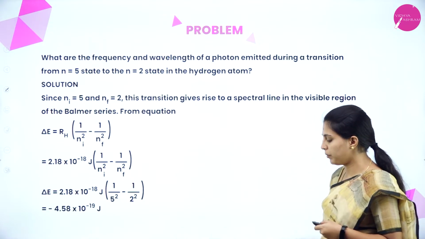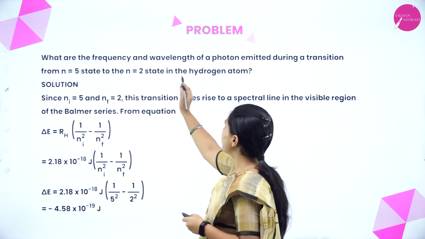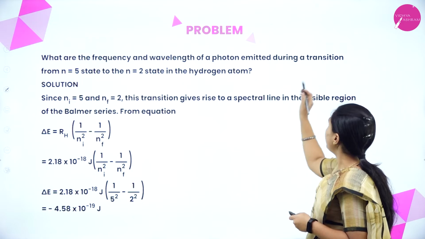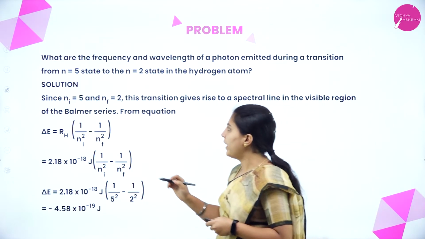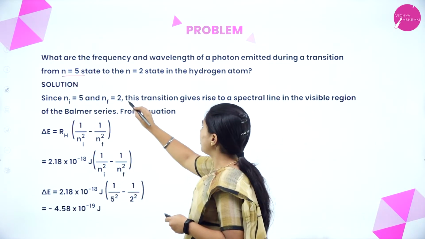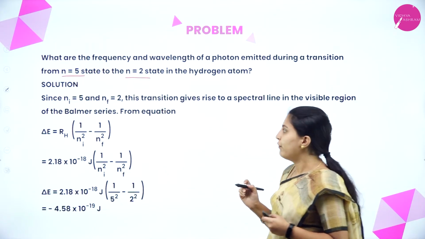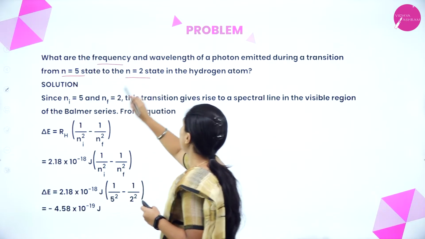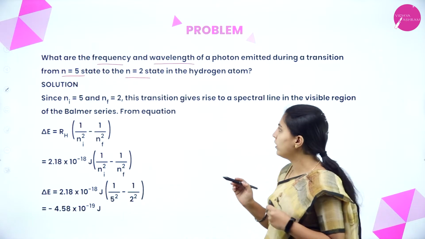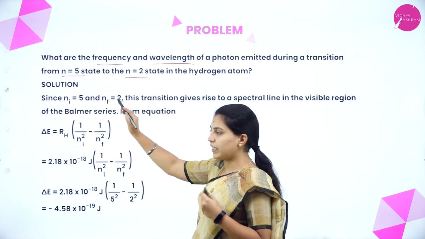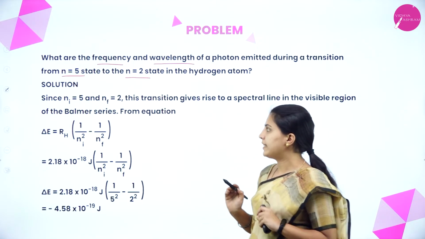We will see some of the problems here. What are the frequency and wavelength of a photon emitted during a transition from n equals 5 state to the n equals 2 state in the hydrogen atom? Here we need to find out the frequency and the wavelength of a photon, and they have given n5, that is the energy level, and n2 state.